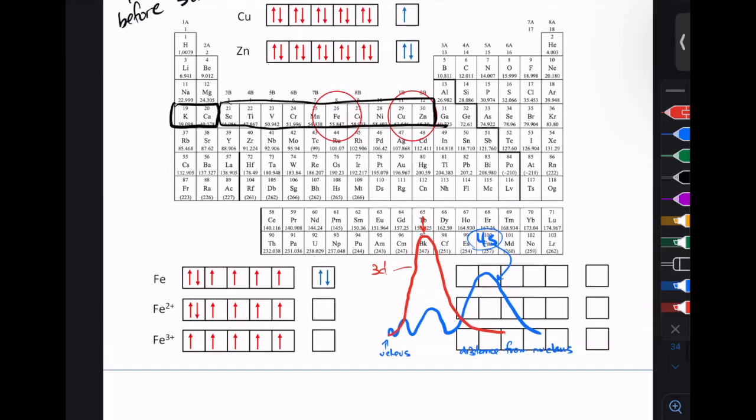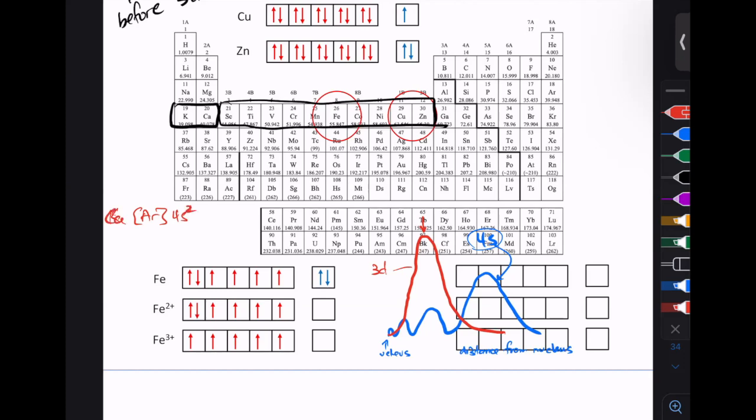But now let's go across our periodic table and take a look. So if we were to write in the electron configuration for potassium, we know potassium is going to have the core of the argon atom, and then the valence electrons would be 4s1. If we did calcium, it would be 4s2.